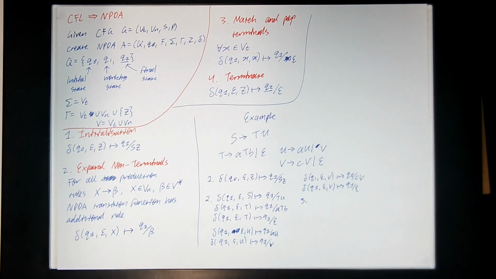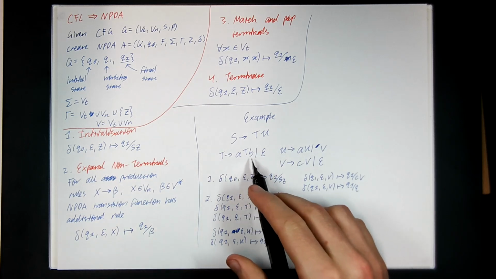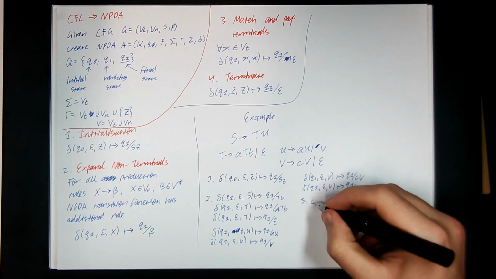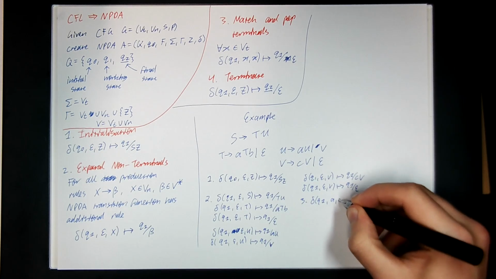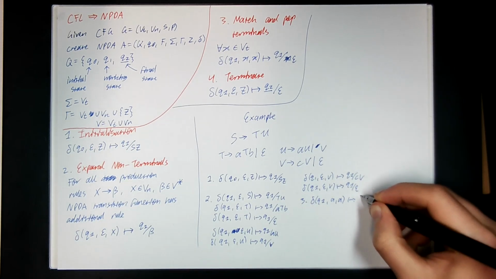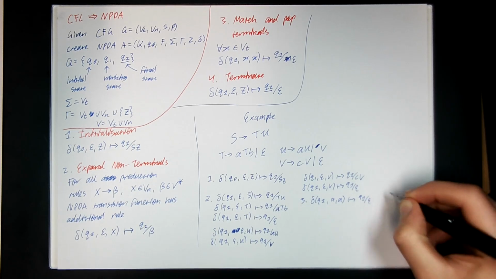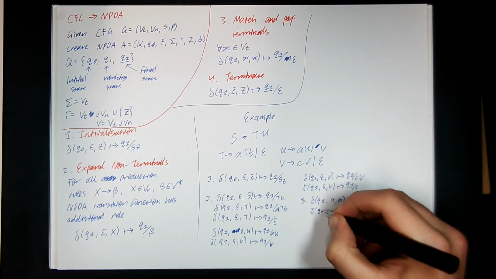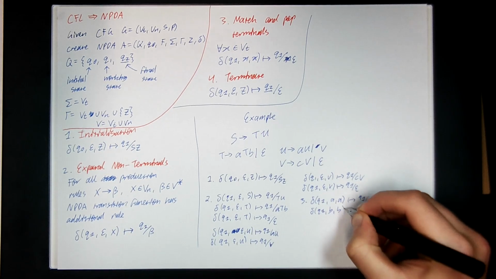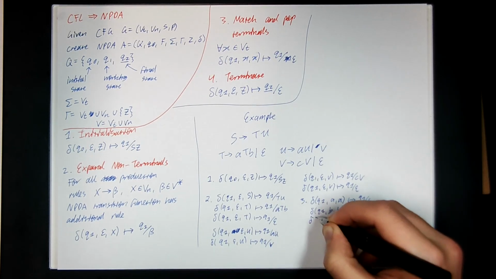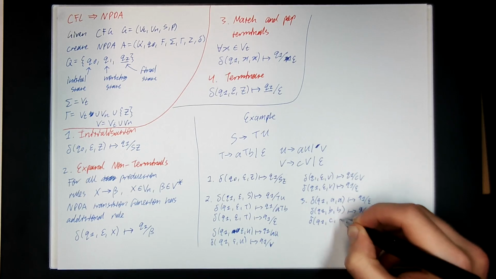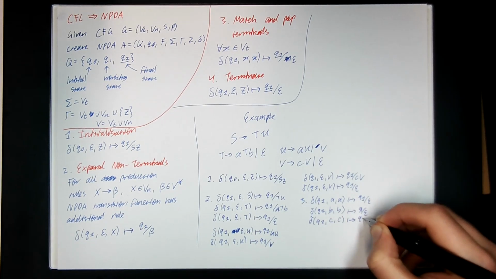Rule 3 is to match and pop terminals. What are my terminals? A and B and C. If I see an A on the input and an A on the stack, I read the A and I pop the A off the stack, so I delete them both. And the same for B, Q1 epsilon, and the same for C, Q1 epsilon.